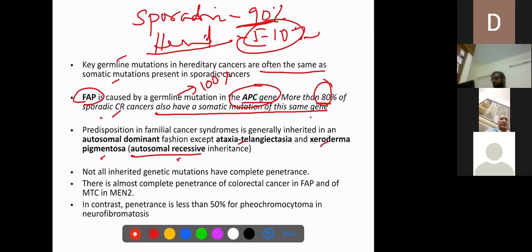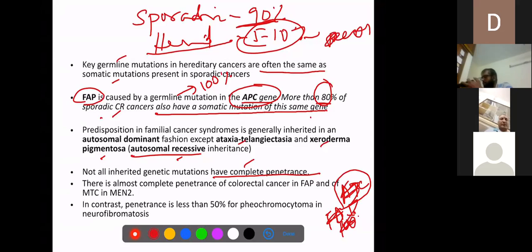Not all inherited genetic mutations have complete penetrance. What do you mean by that? For example, with an APC mutation we say 100%. But don't take APC; take BRCA1.